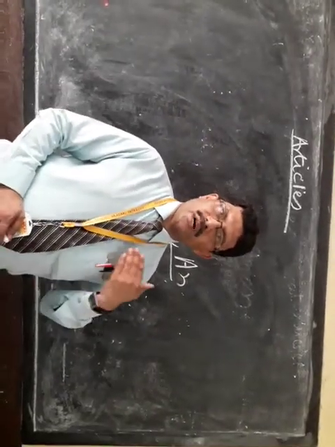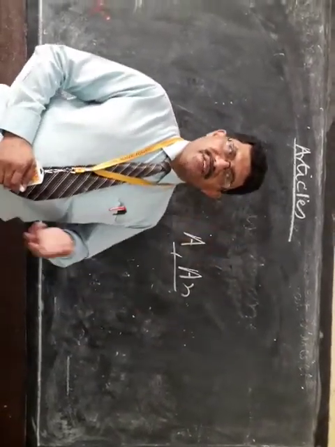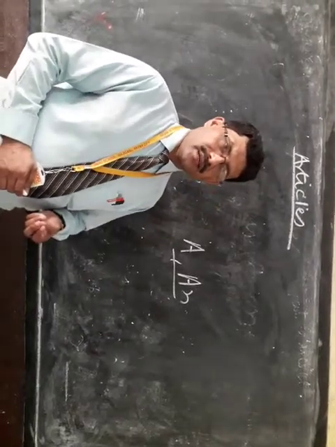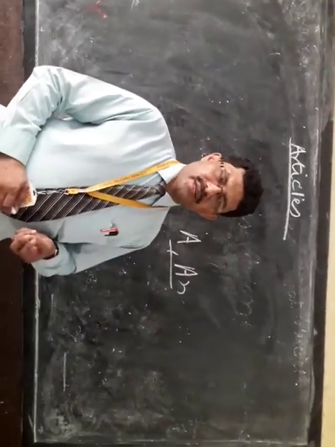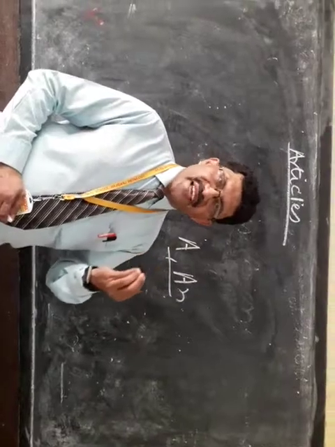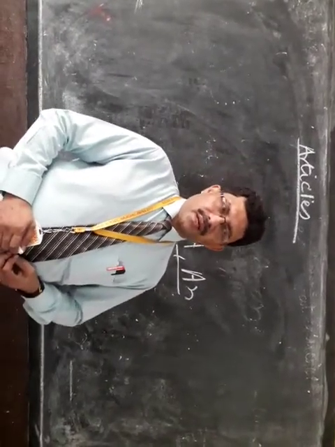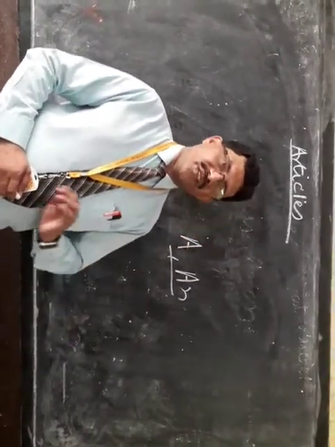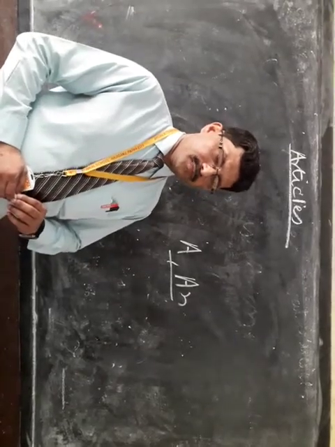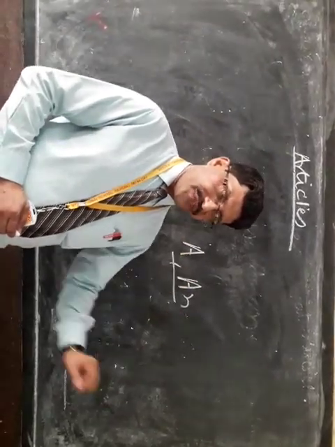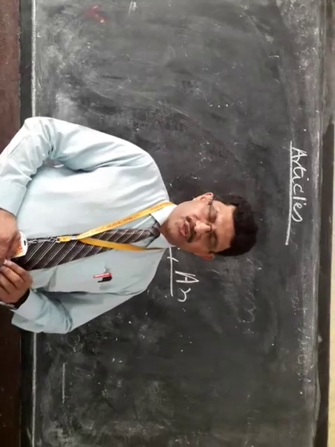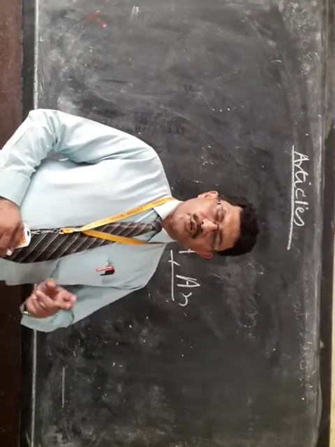Then I taught you about the sound. If there is a vowel, in spite of being a vowel, if the first sound comes as a consonant, there should be a.